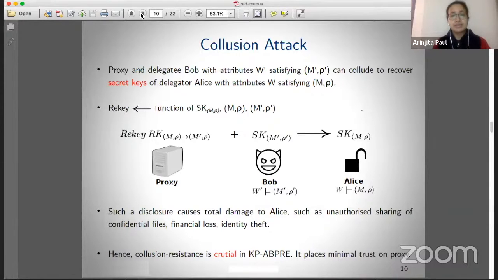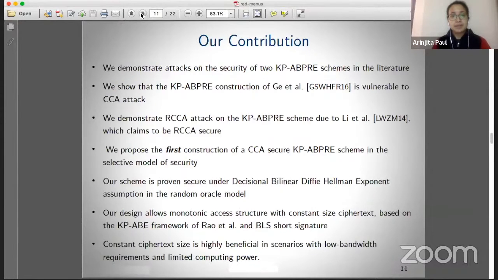It has been seen that the proxy and the delegatee Bob, who has an attribute set W star satisfying the access structure of the delegatee, can collude to extract the secret keys of the delegator. Such a disclosure can cause complete compromise of privacy for the delegator, and collusion resistance is a very crucial property of KP-ABE-PRE. So we try to achieve collusion resistance in KP-ABE-PRE.